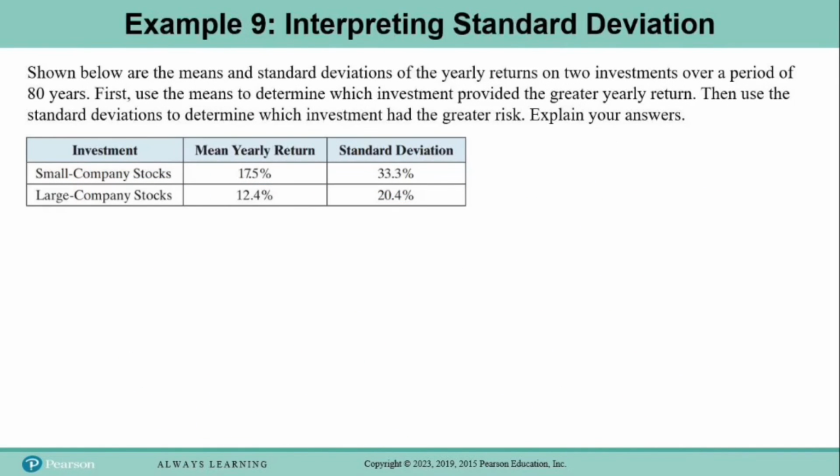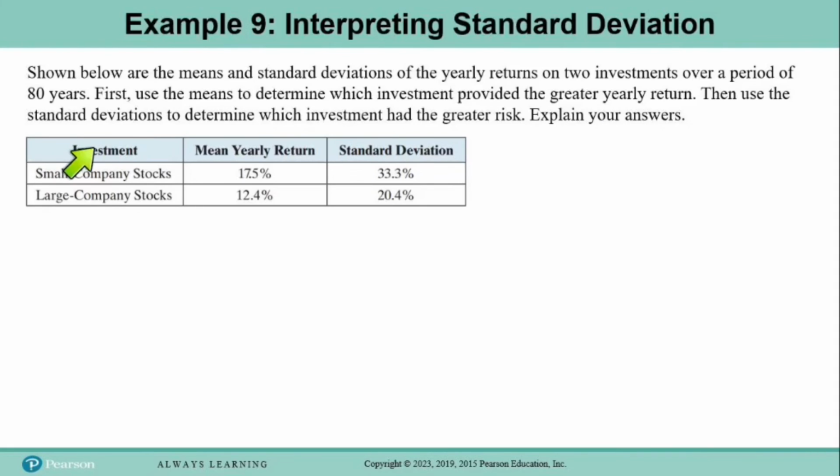And then finally in example 9, let's get a financial example. So it says shown below are the mean and standard deviation of the yearly returns on 2 investments over a period of 80 years. First, use the means to determine which investment provided the greater yearly return, and then use the standard deviations to determine which investment had the greater risk.